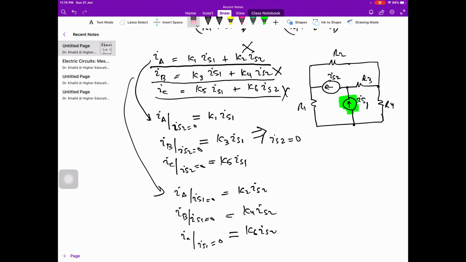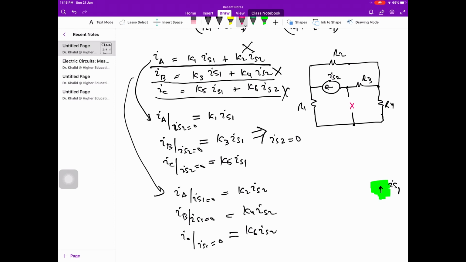Now IS1 equal to 0 means I have removed this IS1 from the circuit, and this as well I have removed. So there is no IS1 and there is no current flowing through this.